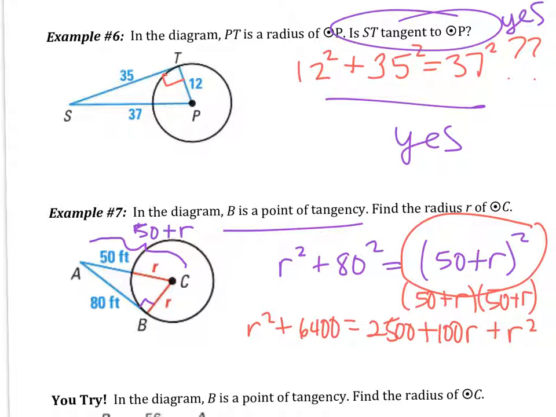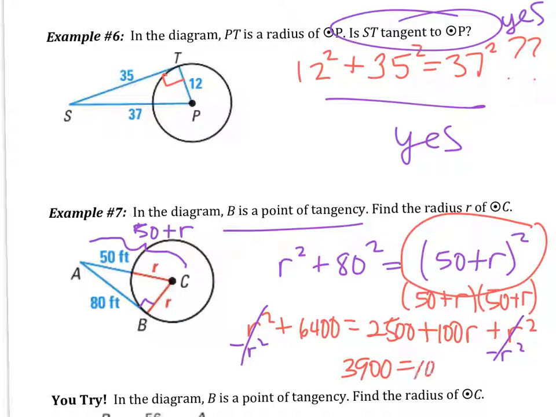Okay? Now, the nice thing is, when I subtract the R squared from both sides, what happens? It cancels out of both, which is nice, which means I don't have to do any factoring in order to solve for R. And now I can just simply solve for R by doing what? Subtracting 2,500. What's 6,400 minus 2,500?